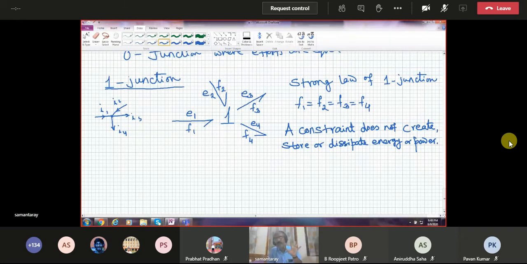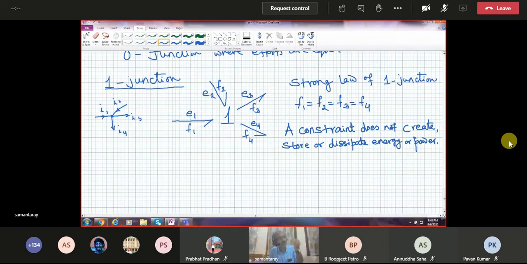For example, if you have a joint at a pipe, whatever inflow goes outflow, pressure is constant at that point. Similarly, at an electrical joint where you have, let's say, some number of input currents and output currents branching out, you cannot have a capacitance or inductance model at that joint itself.